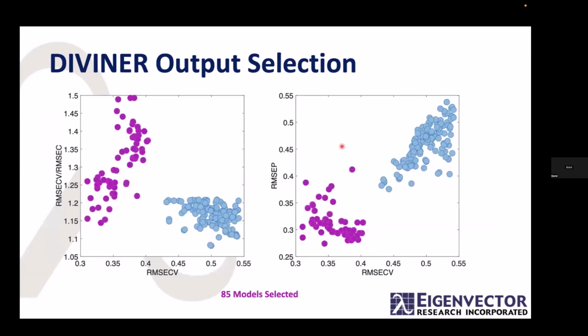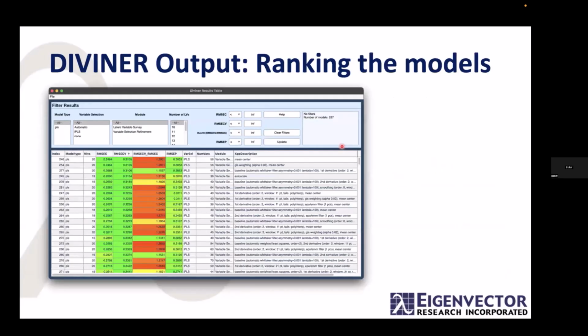And with that, let's see, Diviner output selection. These are the 85 models selected. One of my favorite features is this nice table that ranks the models for us. You can sort the models by error of calibration, error of cross-validation, their overfit ratio, and their root mean square error of prediction on the test set.